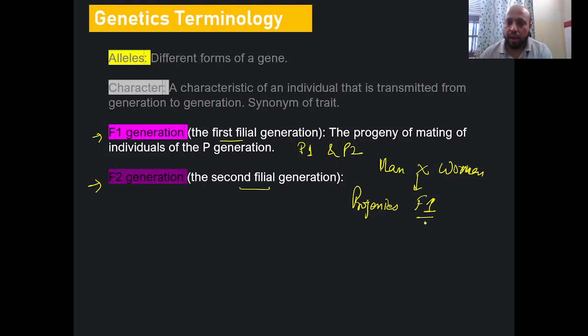Similarly, the offspring I have will be called the second filial generation. You have often heard this: the grandparents are the parental population, their children are the first generation, and the grandchildren are called the F2 generation. It is as simple as that.